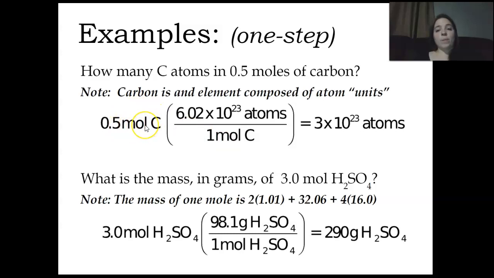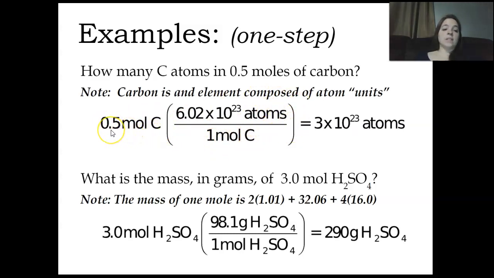I got to get rid of that mole. In math, how do you do that? Well, you put what you want to get rid of in the denominator, what you want in the numerator. And to do this, I'm going to put the mole on the bottom. So here's my mole, here's my mole. They cancel out, leaving me with the atoms.